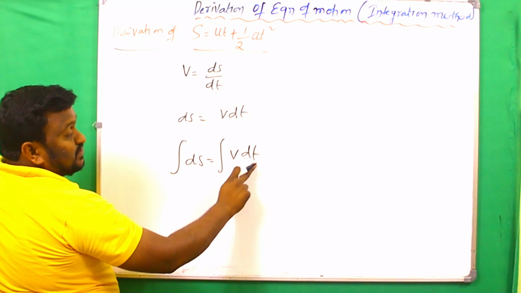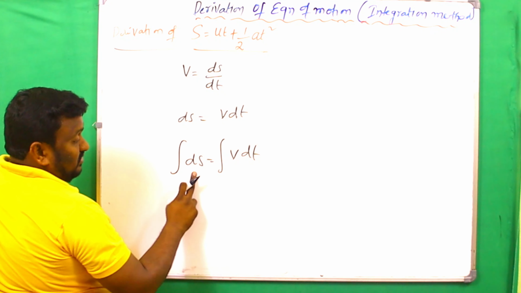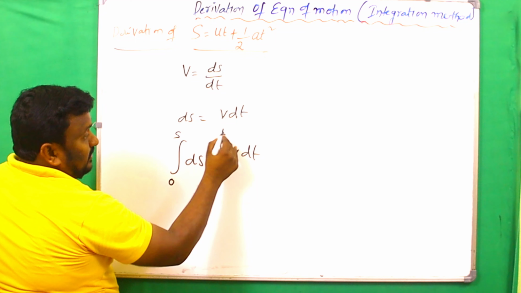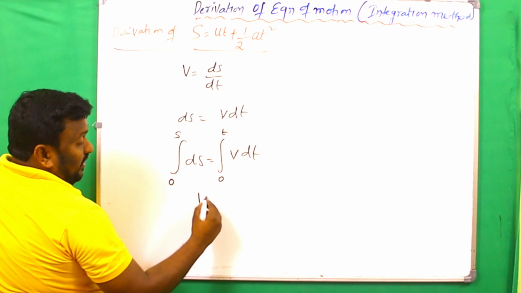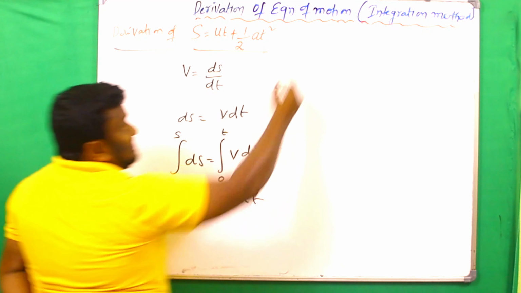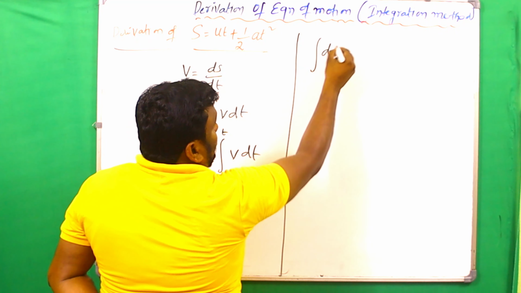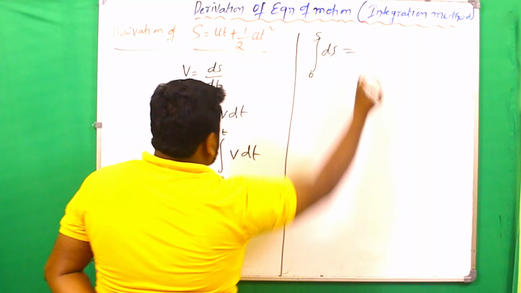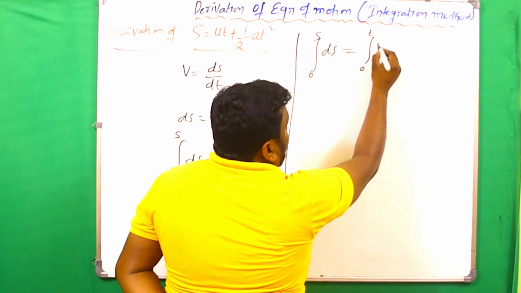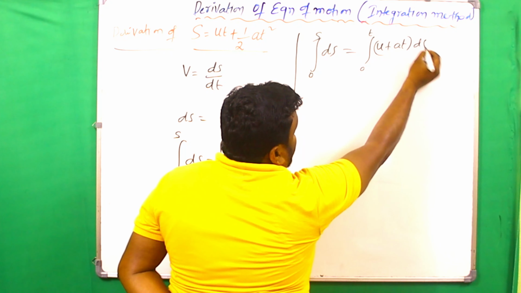We are integrating with respect to time here, and here with respect to displacement: 0 to s here, and 0 to t there. And already we know that v is equal to u plus at. Substitute here, then integral 0 to s ds is equal to integral 0 to t of (u plus at) dt.